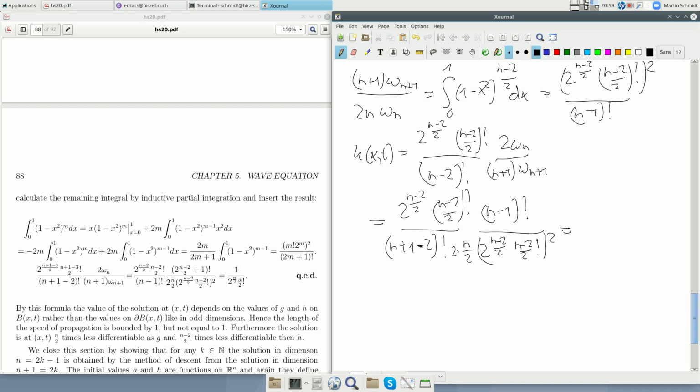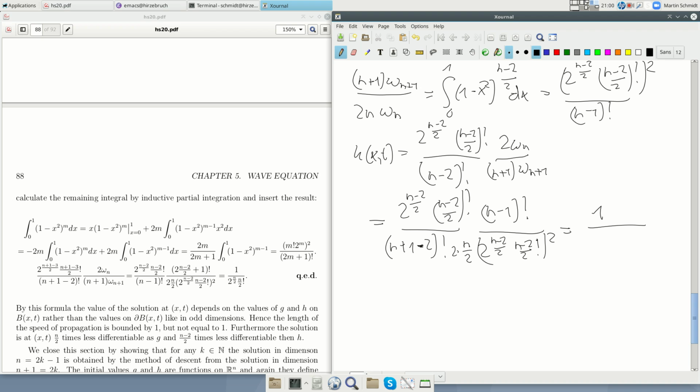Okay, now let's do the calculation. Of course, this cancels with this. This is n plus 1, this cancels with this. So what we get is 1 divided by n half.